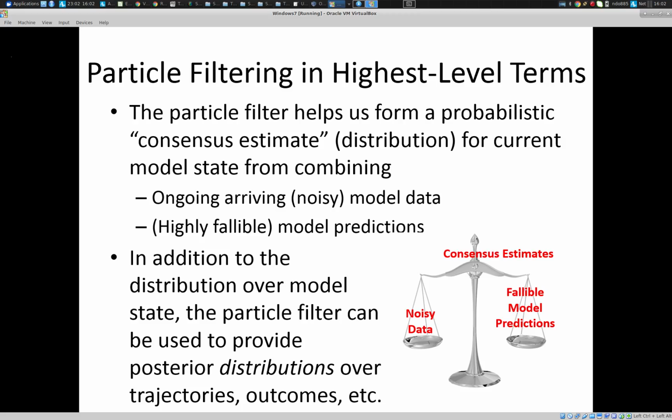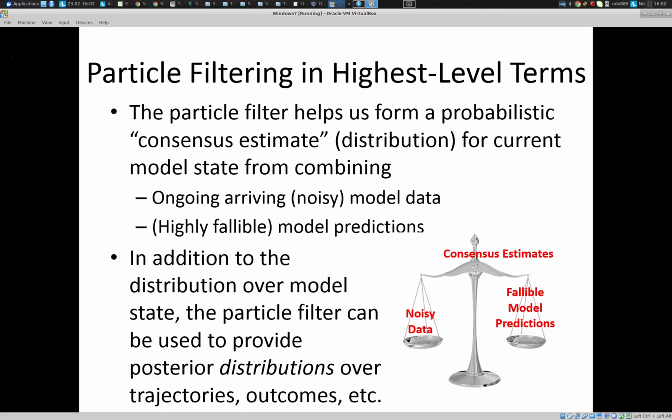We have observations, but those observations are incomplete, often biased, and we have model predictions, but those predictions are based on what may be flawed depictions of a situation, which are inevitably flawed. They may be very useful, but they're often somewhat inaccurate in certain regards. So the particle filter is going to help us balance these two and form a consensus estimate.